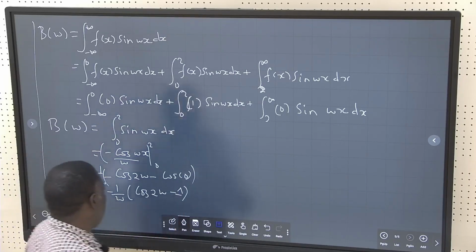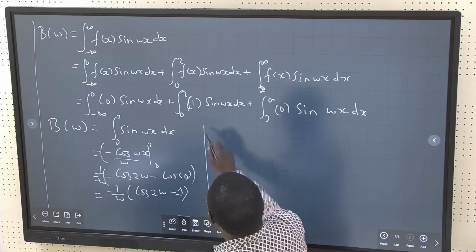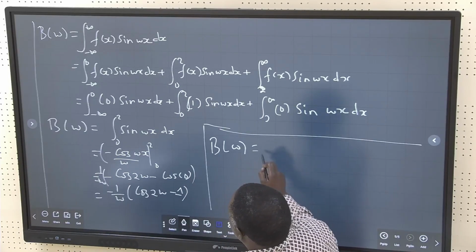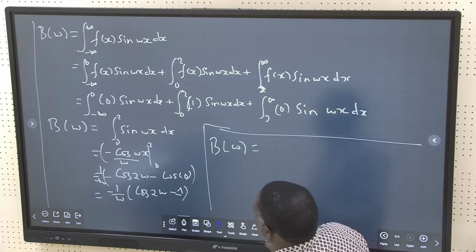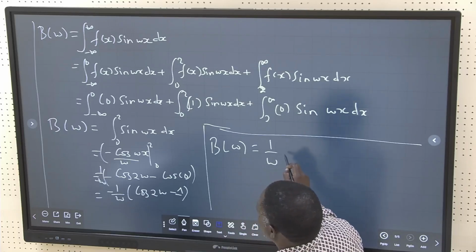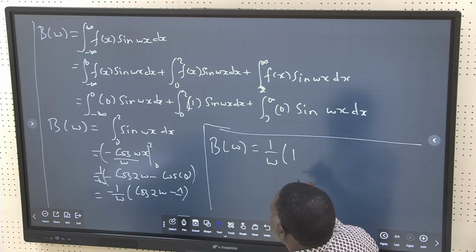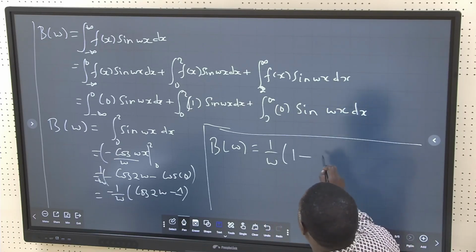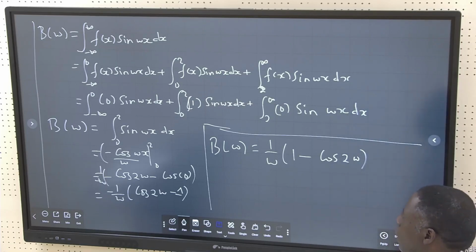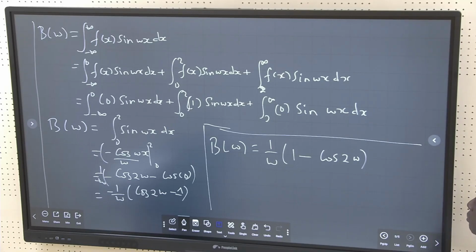So b omega equals, when you open brackets and absorb the negative, 1 over omega times the bracket 1 minus cosine 2 omega. So this is the Fourier integral coefficient for b omega. We have a omega already, which we have here.